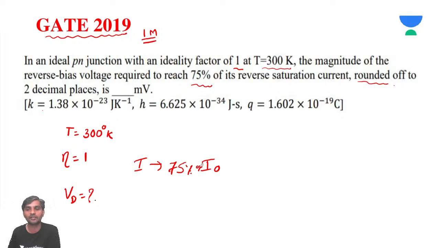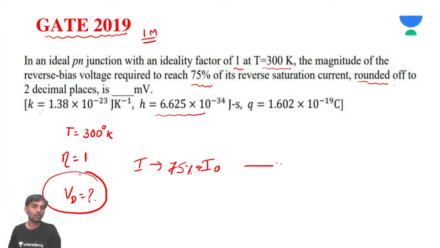Round it up to 2 decimals, he is asking. He has given K, T, H, and Q. Why did he give H? We don't know. So simply what is he asking? He is asking the diode voltage which will make this reverse bias current have 75% of I naught.